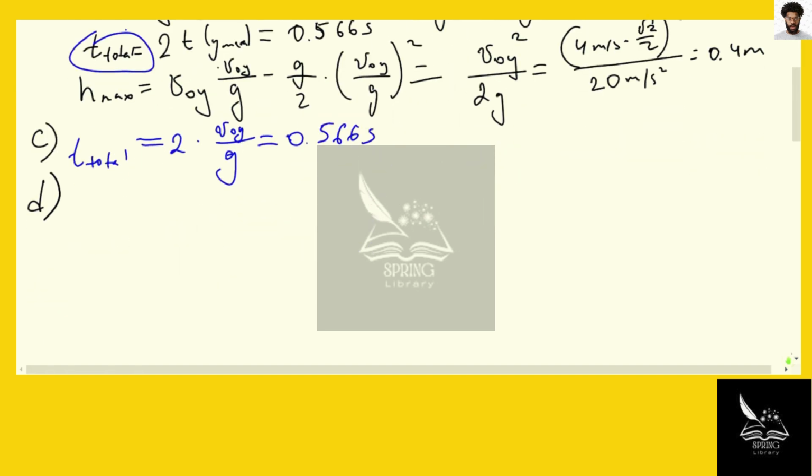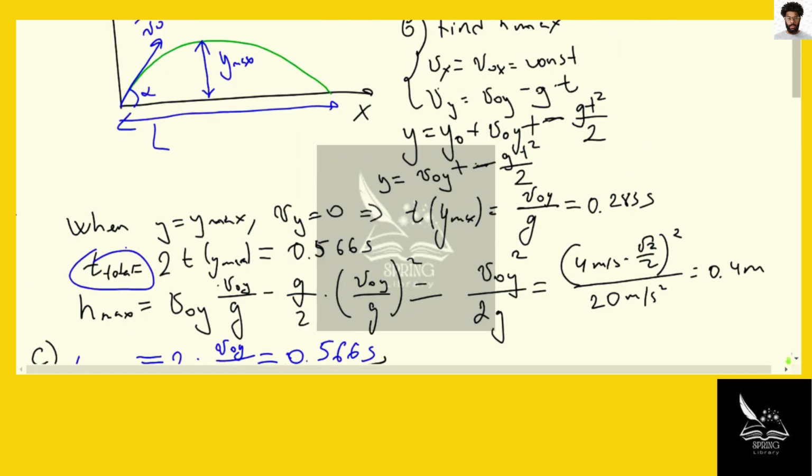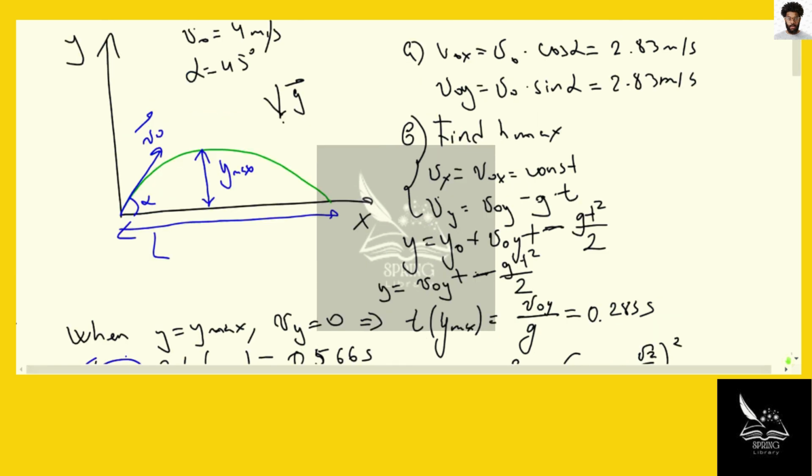That's why the horizontal distance equals the initial horizontal component of the velocity multiplied by the time of flight, which equals 1.6 meters. So we basically multiply this by this.